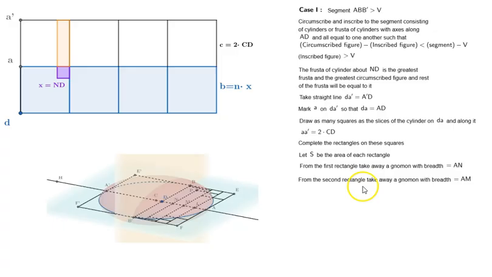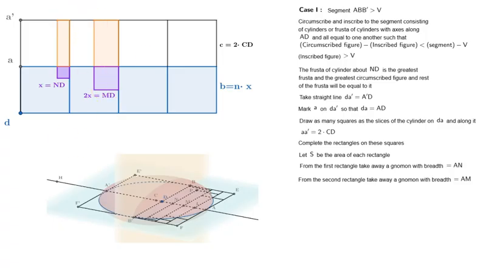Similarly, from the second rectangle, take away a gnomon with breadth equal to AM. So again here from this point to this point, it is equal to AM, which means this length is going to be DM. So here we draw a square. So this is DM and this is AM.